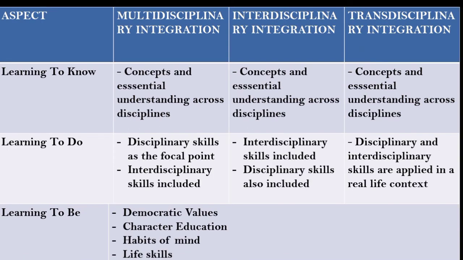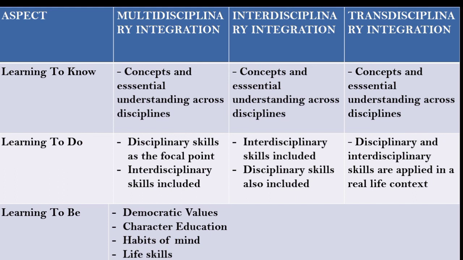In this part, as you can see in the table, the three approaches share the same aspects of learning to know, learning to do, and learning to be. In learning to know, concepts and essential understanding across disciplines.